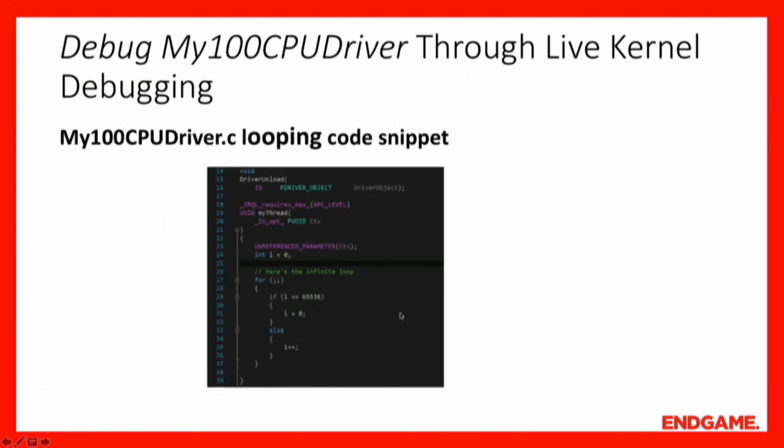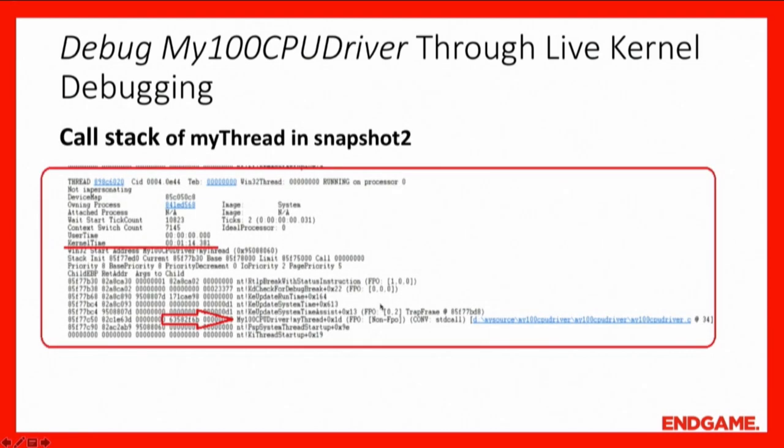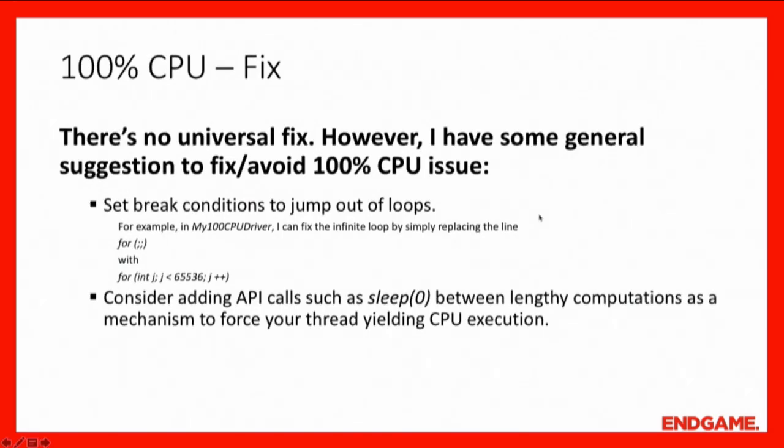So let's go back to the code. Because just now, the debugger already pointed out the code location. By matching that information with the real code, we can see there is an infinite loop in the code. This code is just a demonstration. Fixing is not universal.